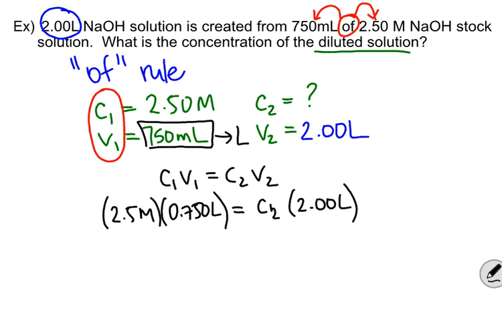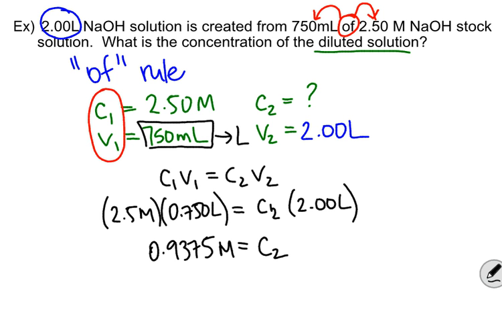So if I rearrange my equation and punch in my numbers, I should get 0.9375 molar is my final concentration.